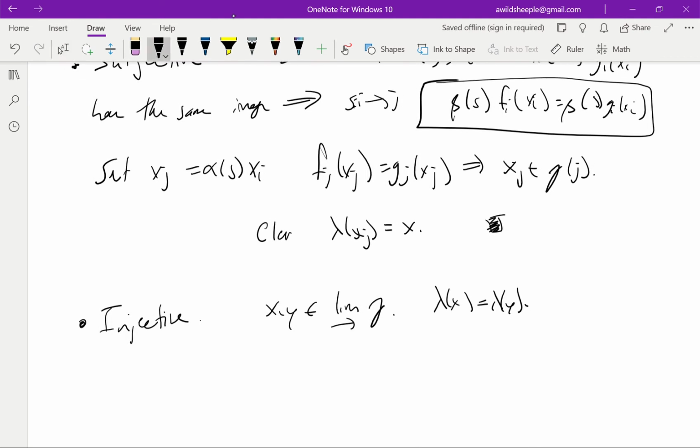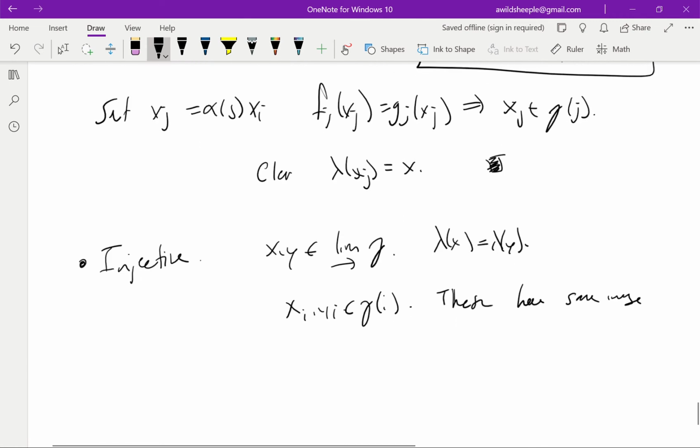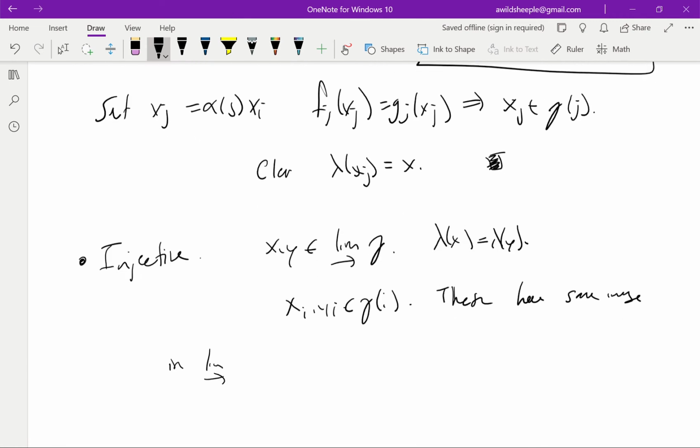So I write these guys as x_i, y_i in gamma I, as i is in I. And now since these have the same image in the limit, I should write this down, these have the same image in the limit over alpha. And so there's a map I to j such that they have the same image in some specific alpha j.